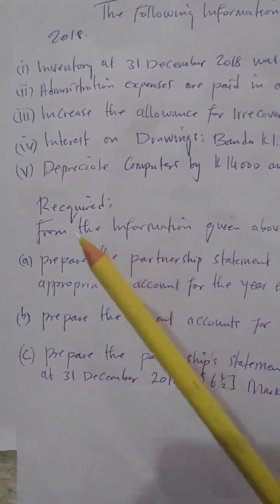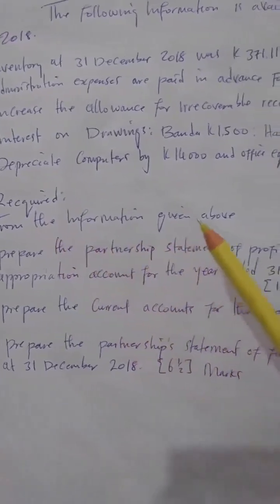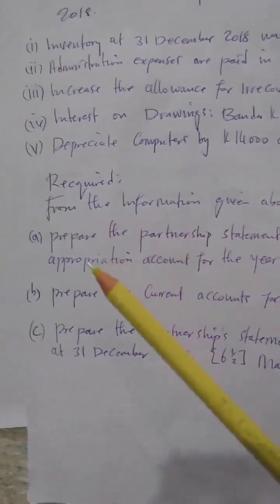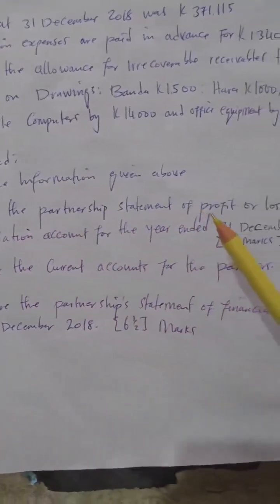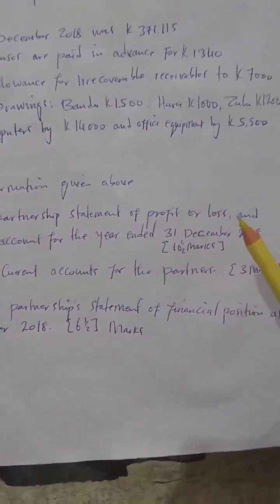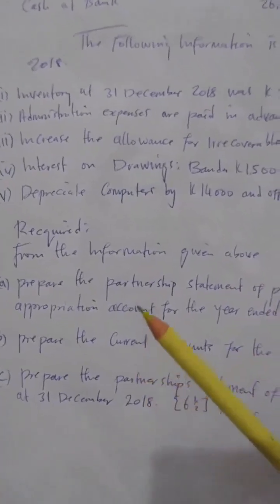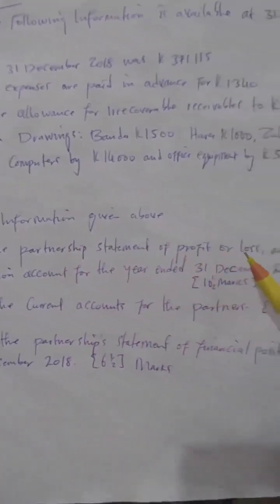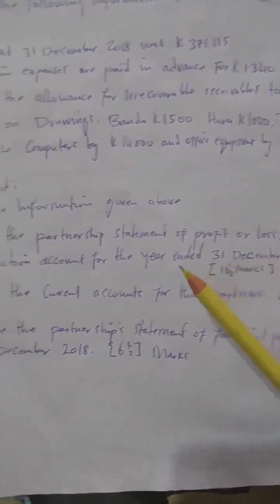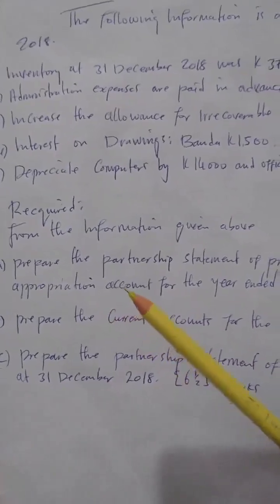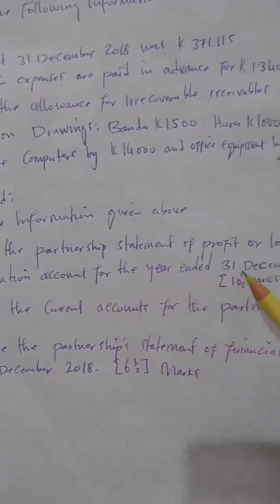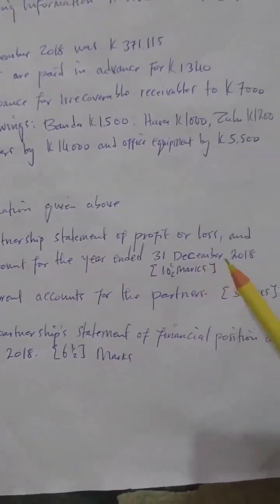The question required from the information given above. Number one is prepare the partnership statement of profit or loss and appropriation account for the year ended 31 December 2018.